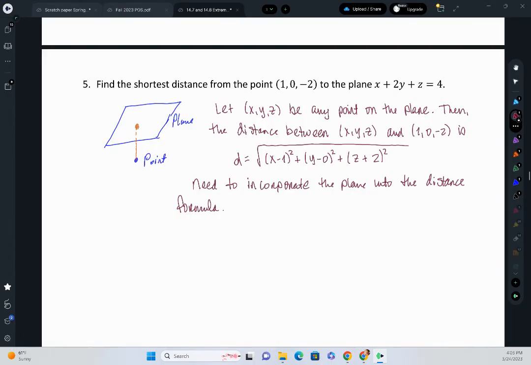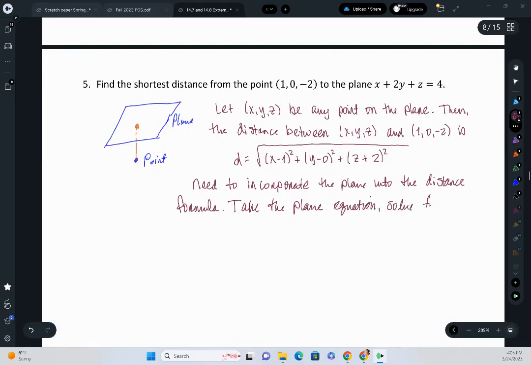And so it's easy to kind of stare at this and wonder for a while and never get anywhere. So I'll tell you what it is. What we do is we take the plane equation and solve for z.